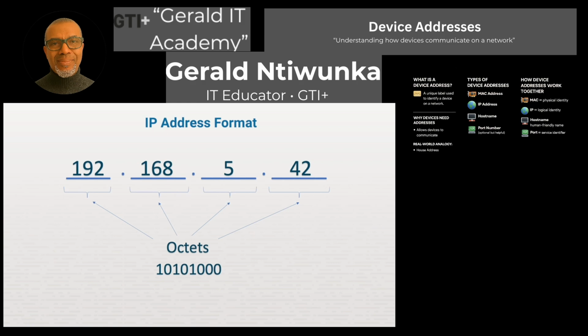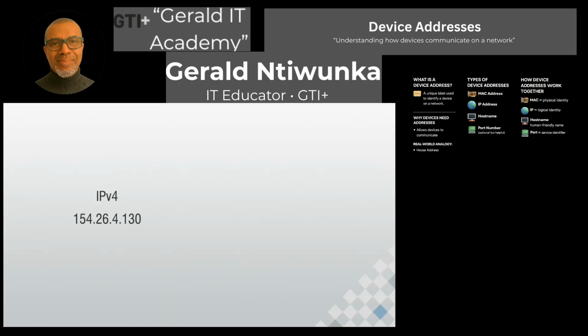To solve this problem, the internet is transitioning into a new format called IP version 6. IP version 6 addresses are expressed as a 32 character hex number like this.